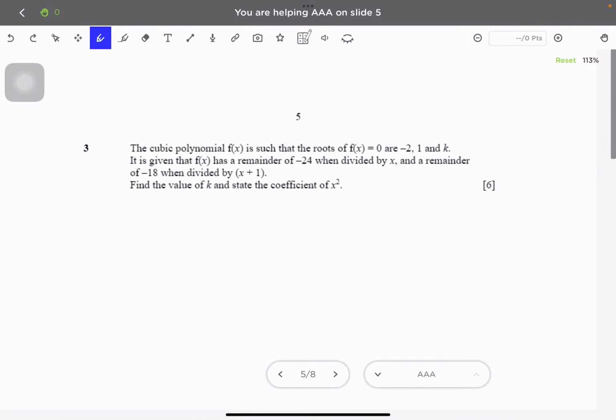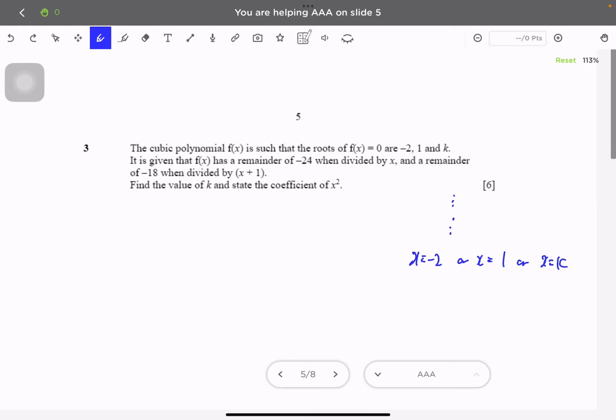Okay, question 3. The cubic polynomial f(x) is such that the roots of f(x) equals 0 are minus 2, 1, and k. So usually when we solve, we will get the answer like x equals minus 2, or x equals 1, or x equals k. So we are working back to find the equation.